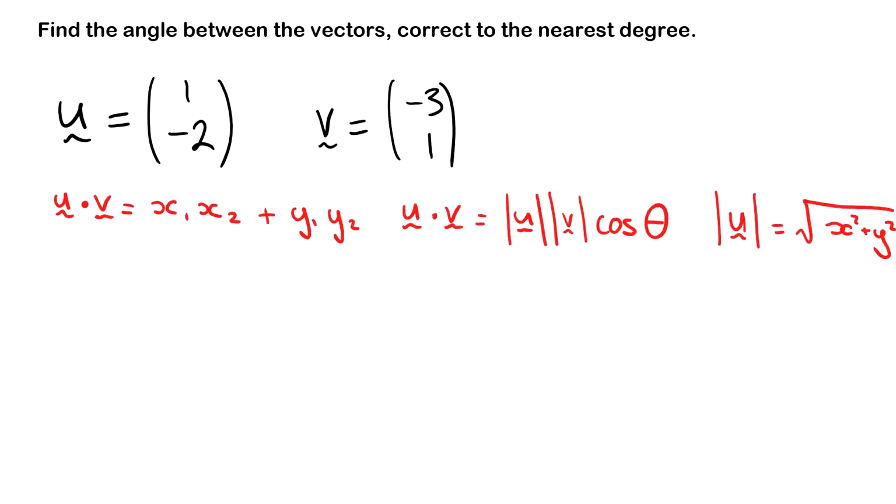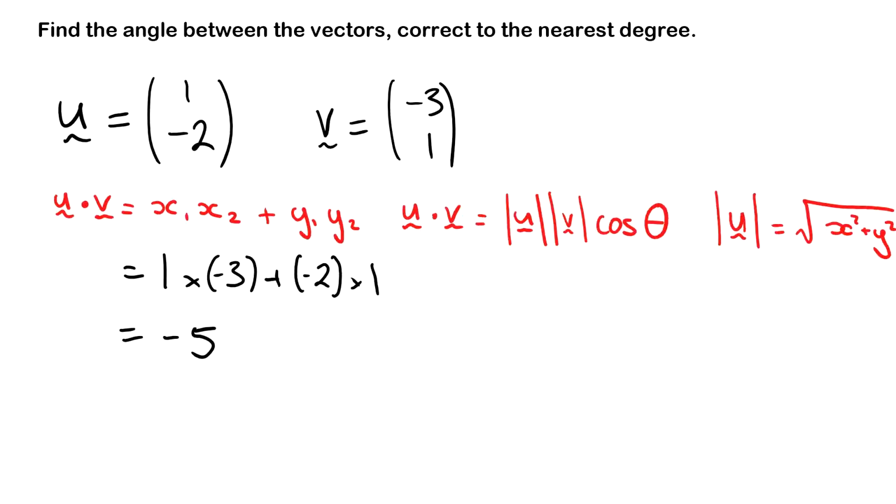The next question requires us to find the angle between the vectors, which requires the formula on your screen. The first thing we need to do is find our scalar product, which is -5.